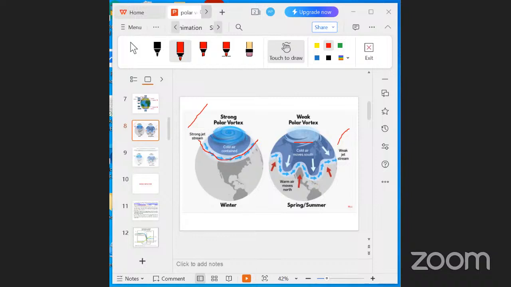But at times there is weakening. You see here in the jet stream, it is loosening up like this, with these arrows. You understand that there is a continuous north and southward shift of insolation and temperatures, so accordingly pressure will also shift.